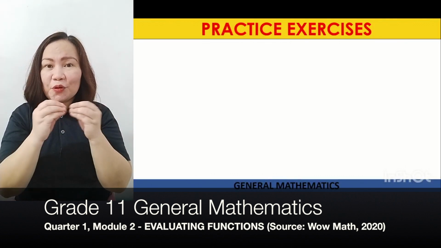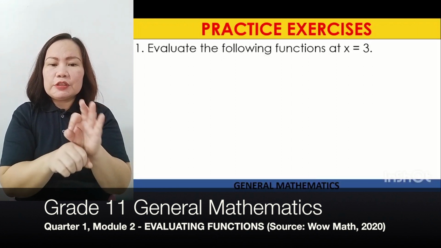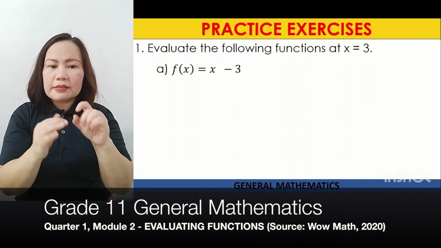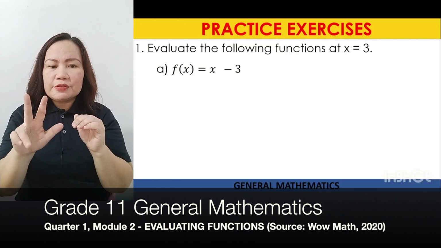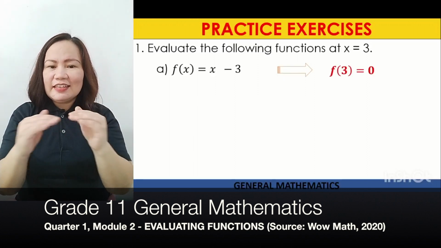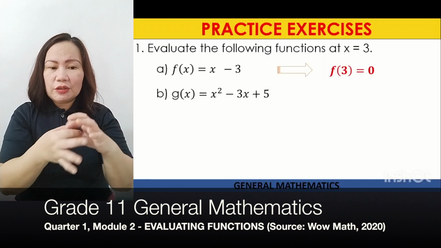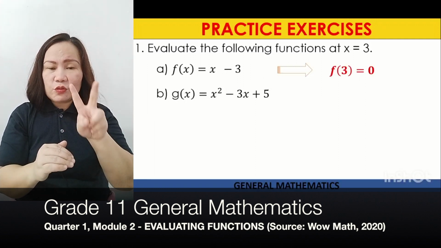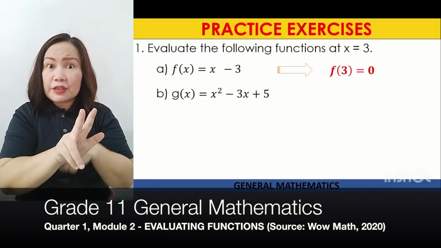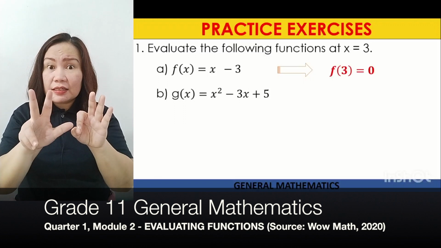Okay, more example tayo. Evaluate the following function at x is equal to 3. First, f of x is equal to x minus 3. I'll give you 1 second. So the answer is 0. Correct. Next, g of x is equal to x squared minus 3x plus 5. What will be the answer? If x is 3, 5 seconds for that.